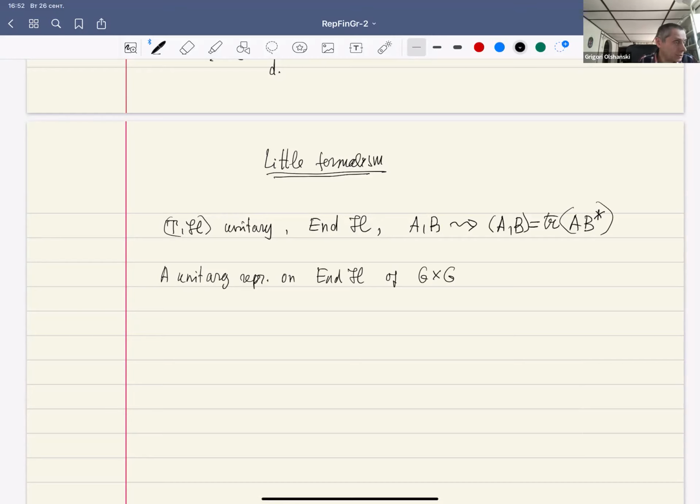So what is the action of this group? Let's denote it by the tilde. So now we have two elements, one from each copy, and it operates on an operator A, maps it to this operator.